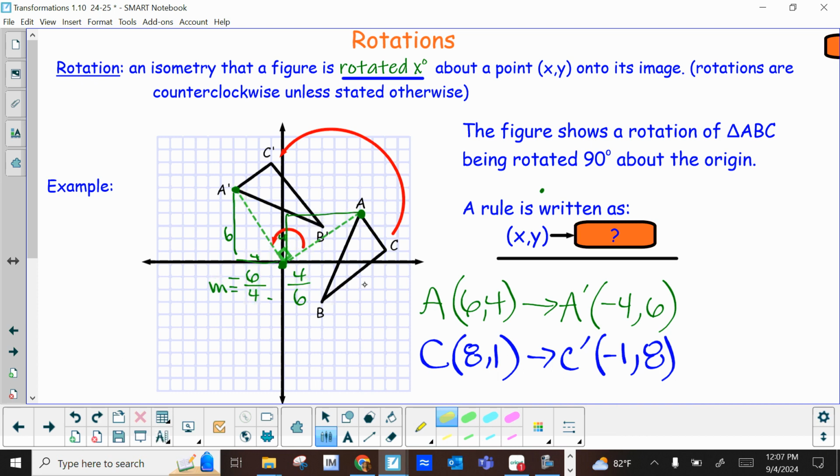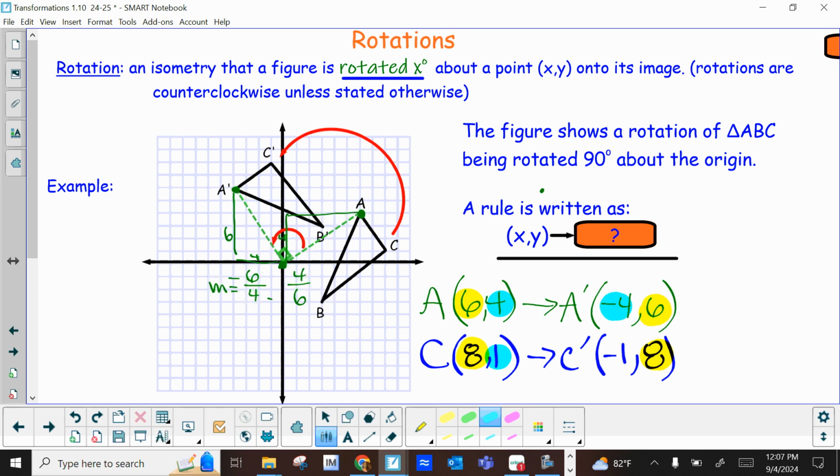With my highlighter, this 6 now went over here into that position. Look at the 8. The 8 went over into that position. So if you think about it, the x variable now became the y variable. So they're switching places. Now look at this one. This 4 moved to this spot, but it became what? Negative. So the sign changed.